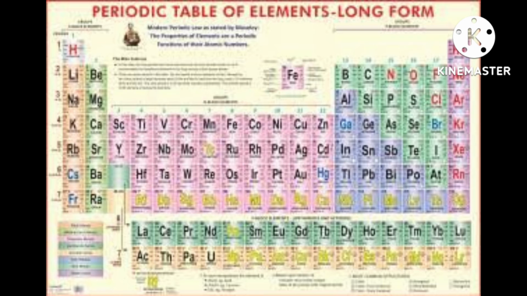In every group the number of orbits will increase, but the subshell will be the same and only the number of electrons will differ. Similarities will be there in all groups. Now I have told you about groups or families.